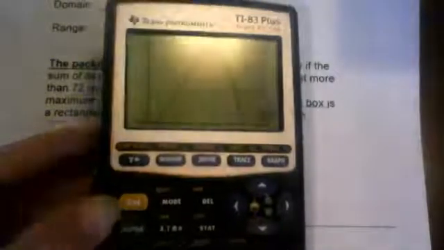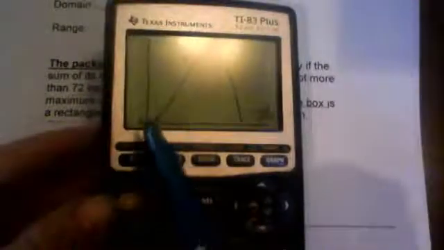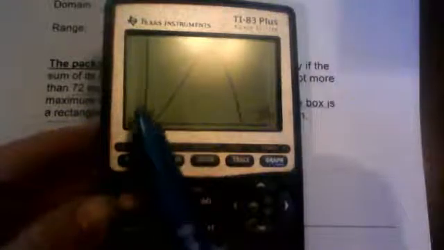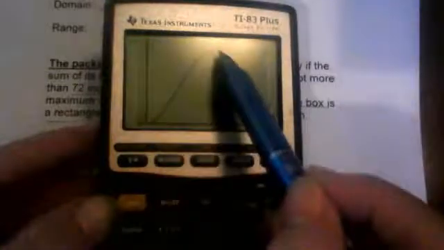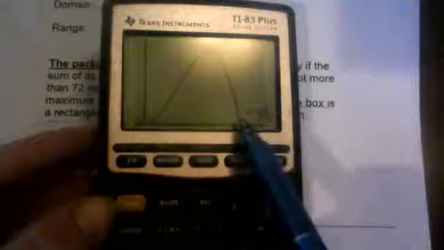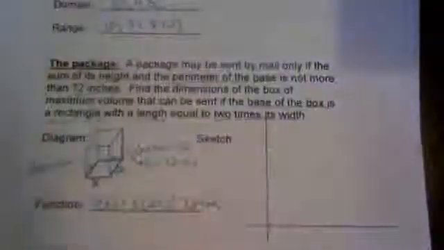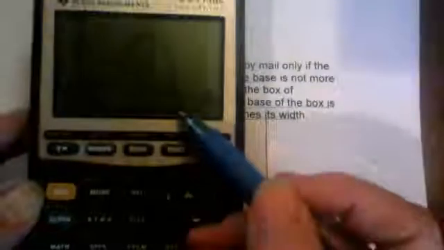Okay. So what I see here, over to the left, it looks like it goes up. But again, remember this negative stuff isn't going to be super important to us. This one came down. It looks like it goes to 0, goes back up, and back down. But only where it is positive for x and positive for y is it going to be important to us. So we need to find where it intersects here.